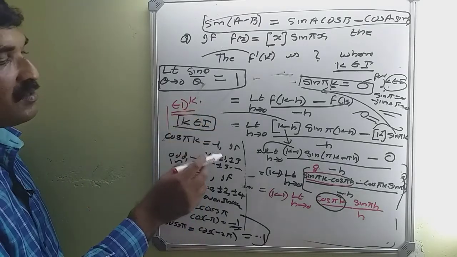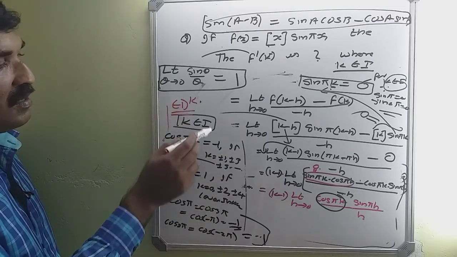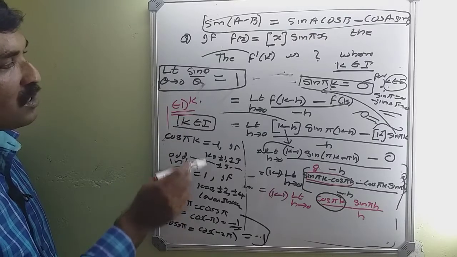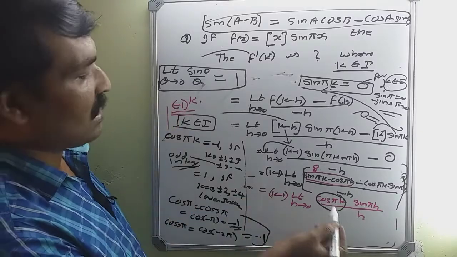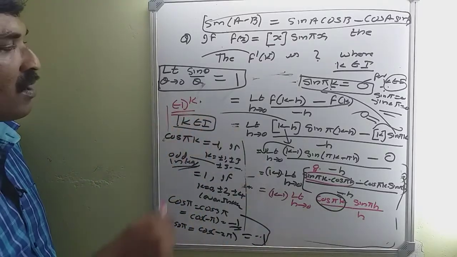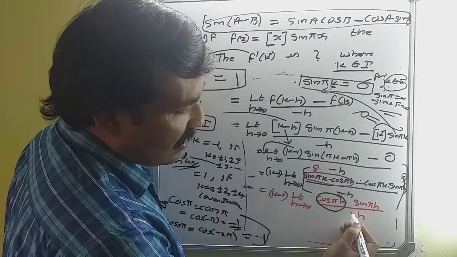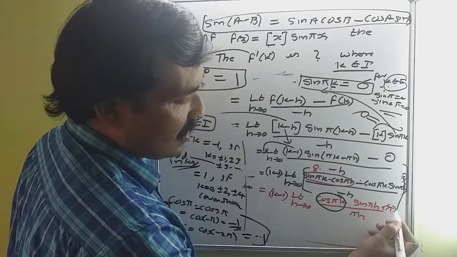If k is equal to 1, this becomes minus 1. K is equal to 3, this becomes minus 1. And k equal to 0, this becomes 1. K is equal to 2, this becomes 1. K equal to 4, this becomes 1. So cos pi k can be replaced by minus 1 whole raised to k. And we add a pi here and a pi here so as to balance.